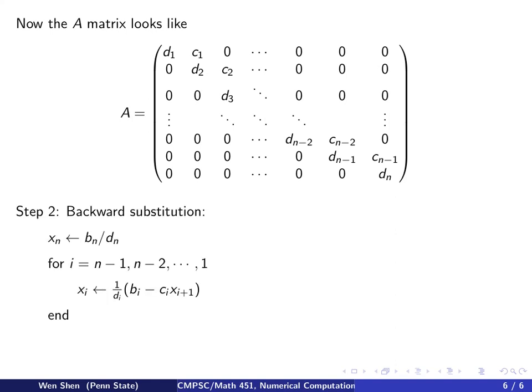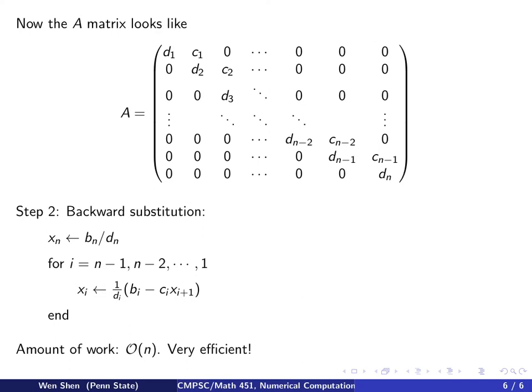The algorithm says you start from the last one, initialize it, find xn, and then you go back, and for each equation i, you just need to do this simple computation because it only involves xi plus 1, which you know at that step. Okay? So this is very little work. Now let's do a work count.